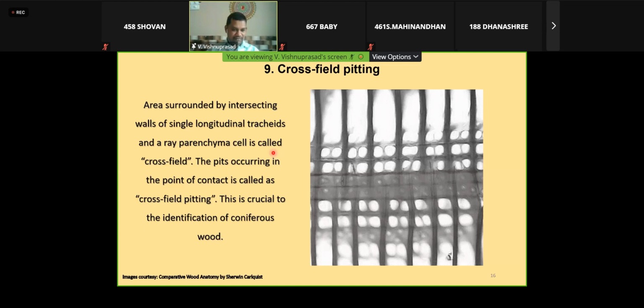So for a softwood, you need to take a section in an RLS and observe at a specific location. As you know, the tracheids are present lengthwise and the ray parenchyma is present perpendicular to it. So wherever at the junction between the tracheids and the ray parenchyma, you will find these pits which are present.